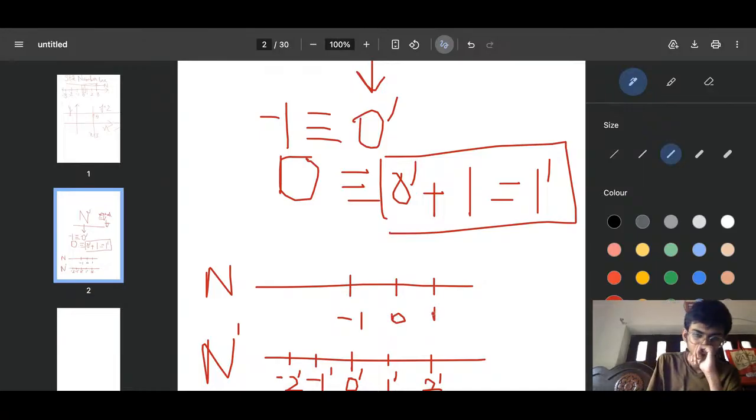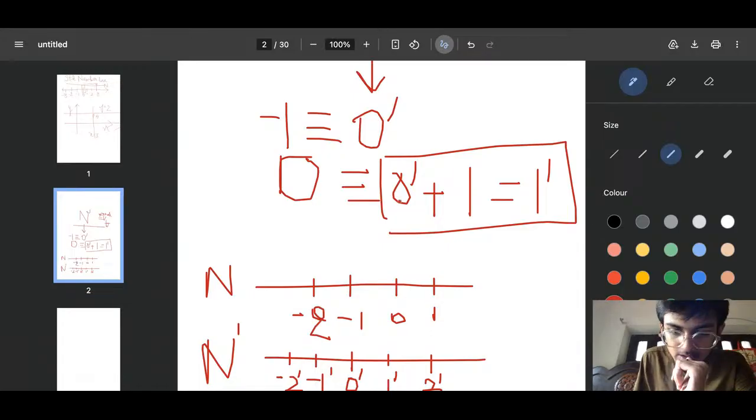Okay, and here it will be minus 2 only, because we can say that minus 1 dash. Okay, so actually we are subtracting from here, minus 1 is okay, fine.